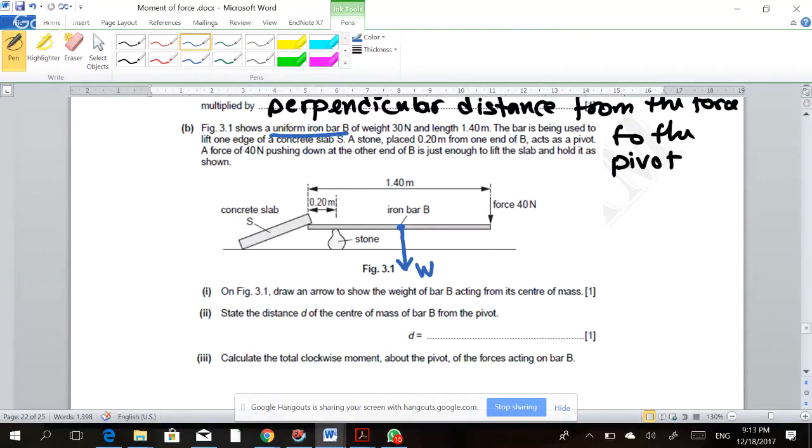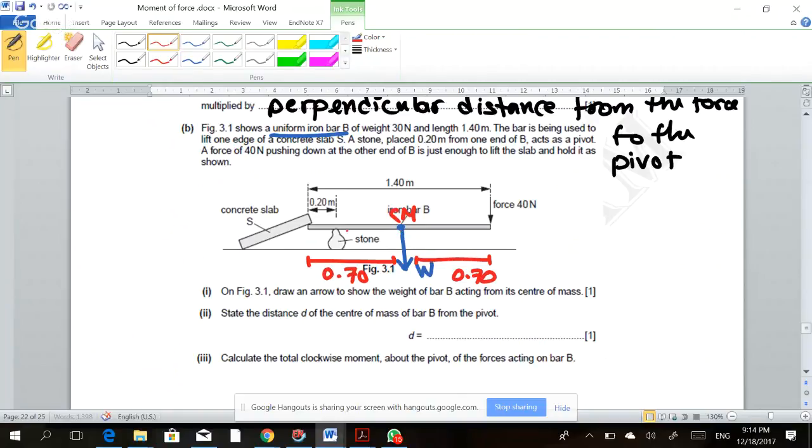State the distance d from the center of mass. This is the midpoint. The distance is 0.7, and from here to here is 0.7, because the center of mass lies exactly at the middle. So this is 0.7, this is 0.7.